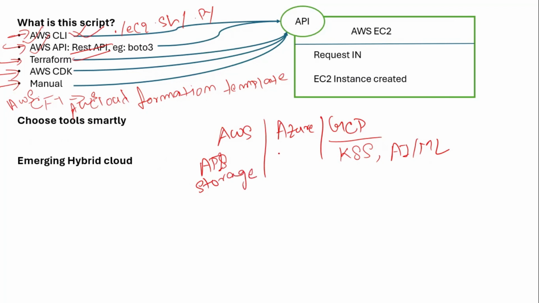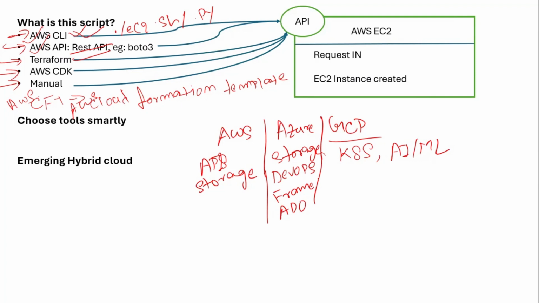From Azure, okay, storage is even better in Azure. We also have the DevOps framework which Azure offers with the name of ADO, Azure DevOps, which is pretty common and pretty good with Azure. So different cloud vendors have their own proprietary, foundational service, which is the selling point for that specific cloud vendor.